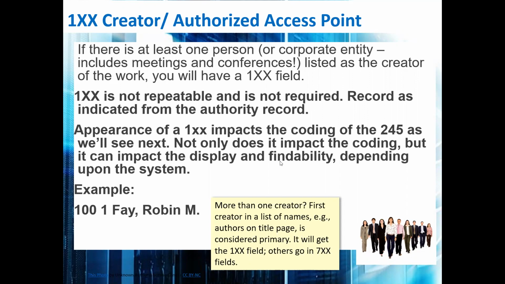If there is at least one person or a corporate entity, so a corporate entity includes meetings and conferences, all that kind of stuff, listed as the creator of the work, you will have a 1XX field. 1XX is not repeatable, so you can't have more than one. You can only have one of these in your record, and it's also not required. So if you don't have anyone listed as an author or creator, you do not have to put this in your record.